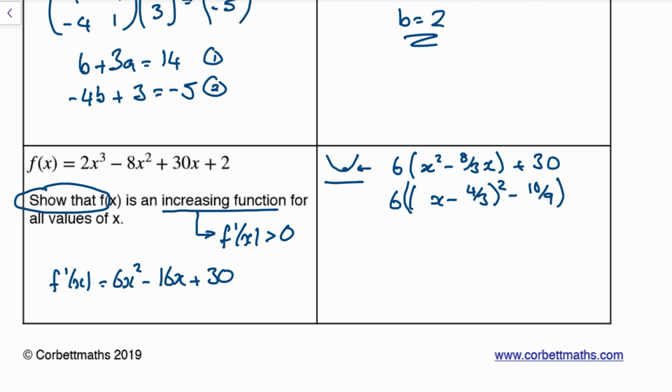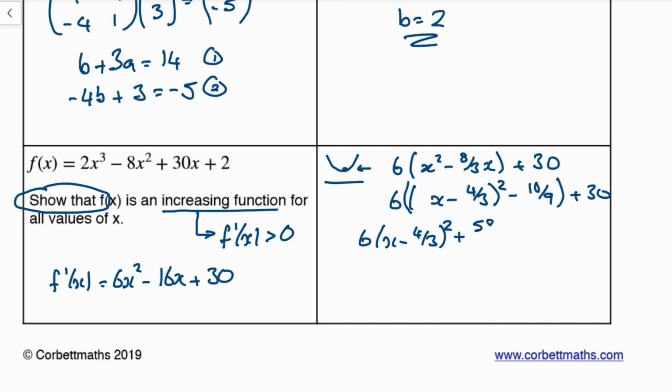So let's put the brackets around this carefully, plus 30. Then I'm going to expand my brackets, which is going to give me 6 times x minus 4 over 3 all squared minus 16 over 9 times 6, and that's a negative, so multiply that by minus 1 and add 30, gives me 58 over 3.